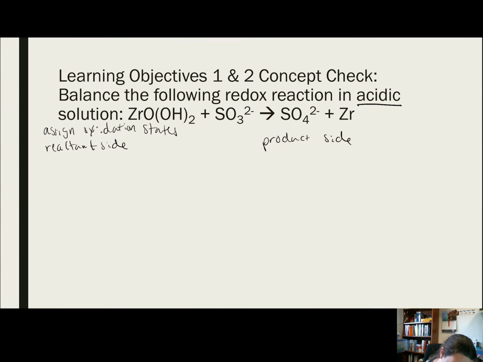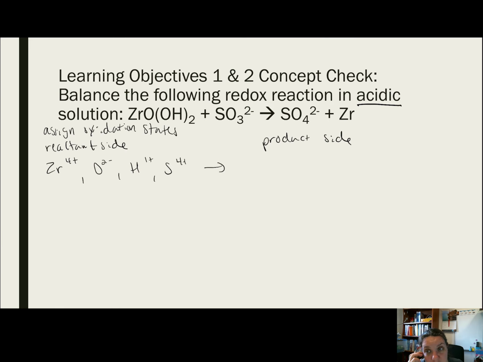So our reactant side, we have zirconium 4+, O 2-, H 1+, and sulfur 4+.